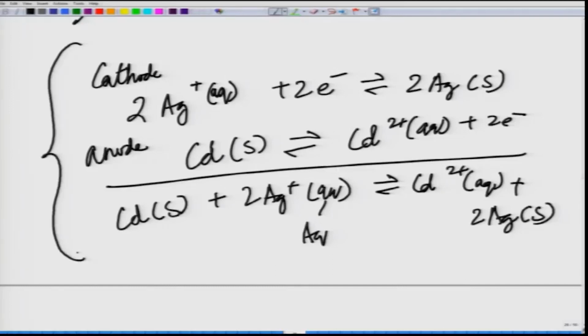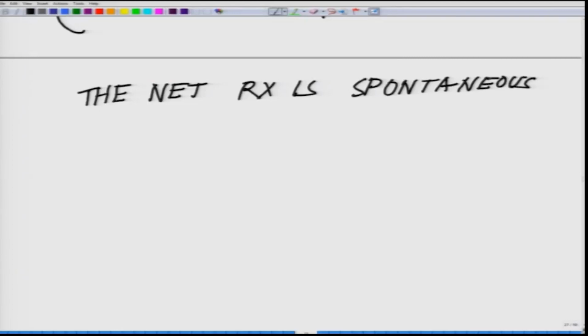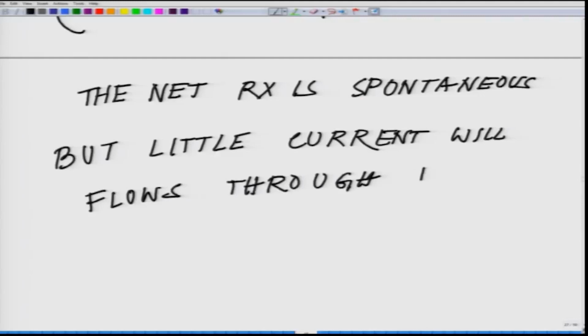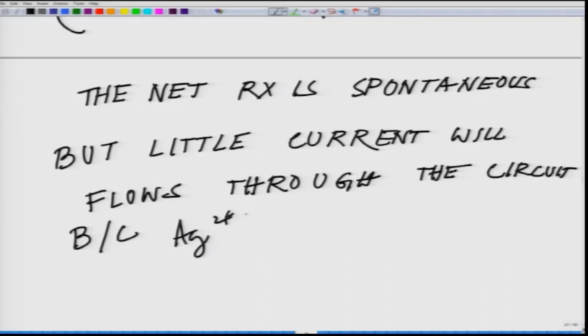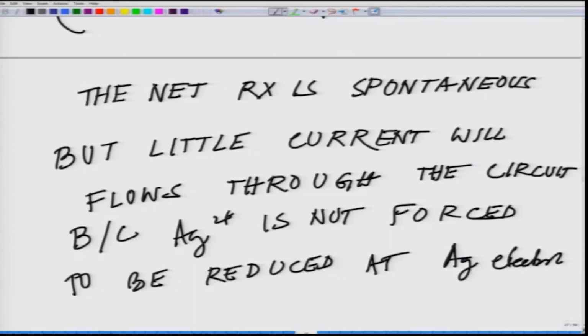So, this is the overall reaction which is happening, and the net reaction is spontaneous, but little current will flow through the circuit, because Ag+ is not forced to be reduced at the silver electrode.